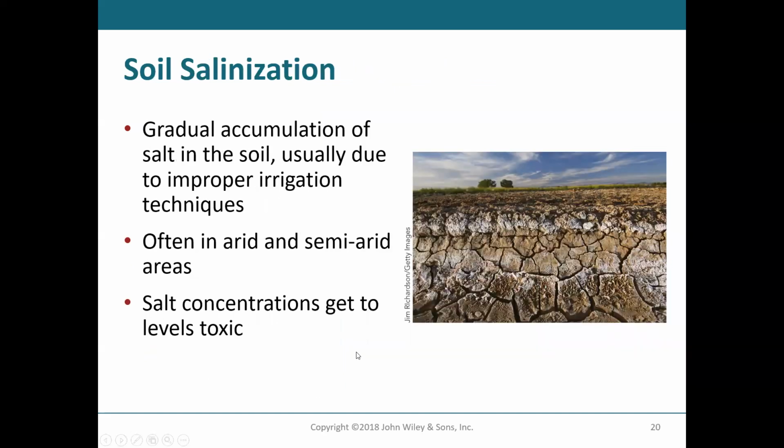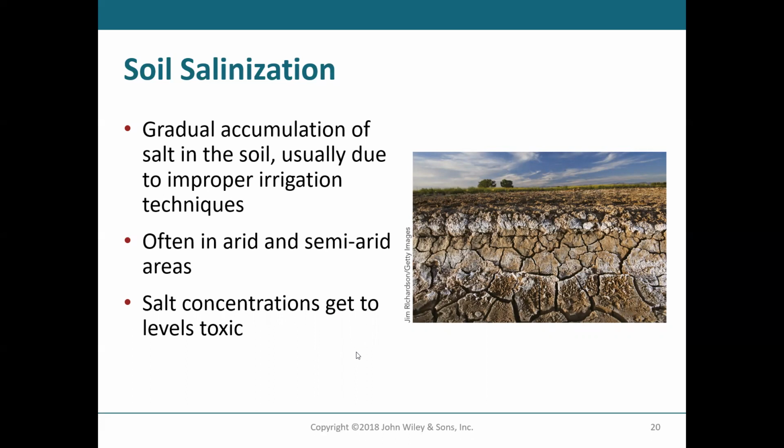Soil salinization, we talked about saltwater intrusion in the last chapter. This can also happen with soil salinization. Gradual accumulation of salt in the soil, usually due to improper irrigation techniques. Here in the picture on the right, you can see a Colorado farm that has soil with white salt residues from improper irrigation.